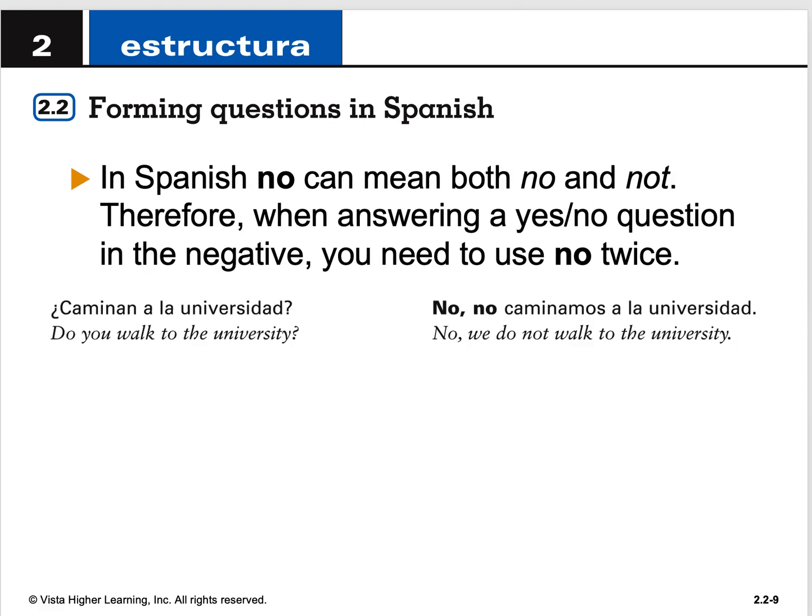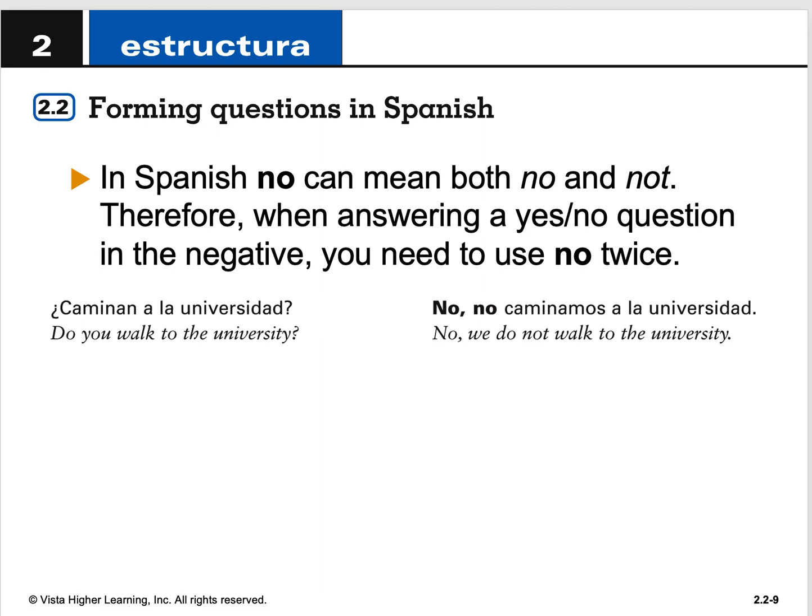In Spanish, no can mean both no and not, depending on context. This is where a lot of translation devices make mistakes, because you need context to know if it's going to be the word not or the word no. When we're answering a yes or no question, you need to use no twice.